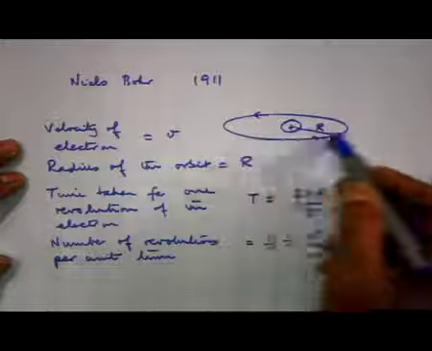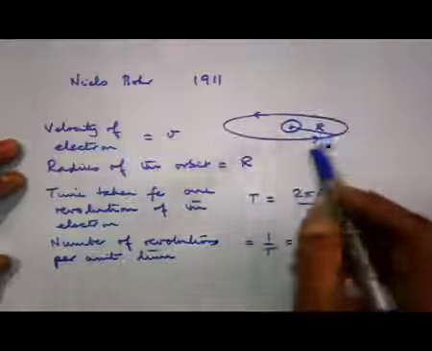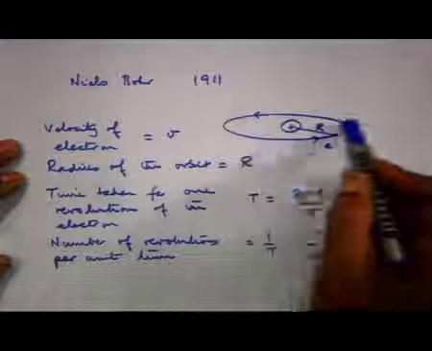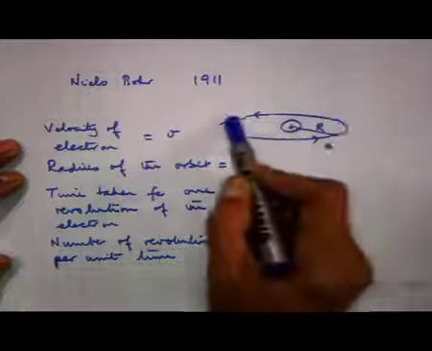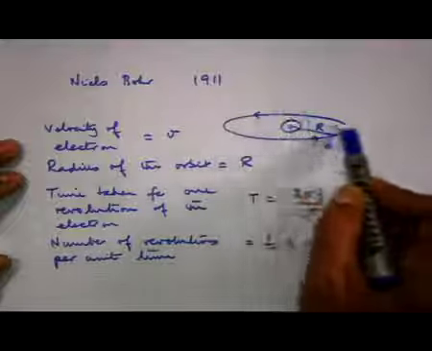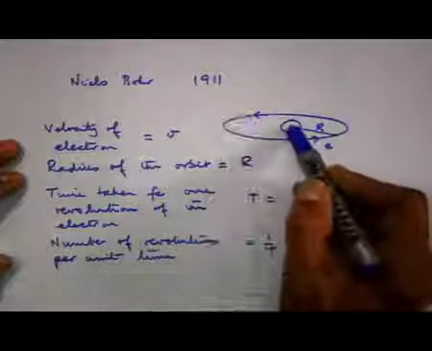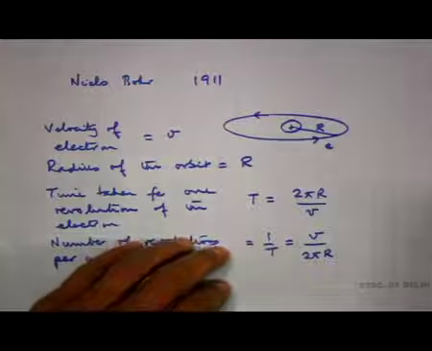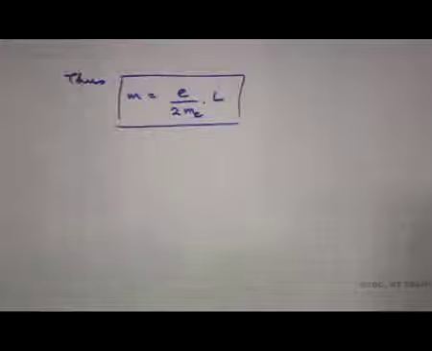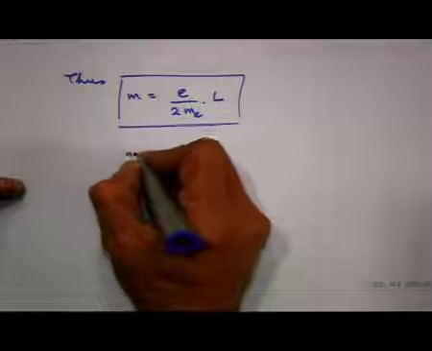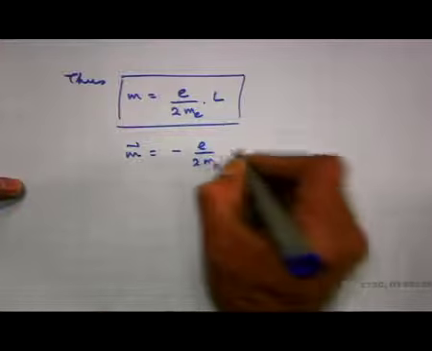But the electron is spinning like this, so the angular momentum is pointing upward. So, in this case the dipole moment and angular momentum are in opposite directions. So, in vector form I can write m is equal to minus E by 2 me times L vector.